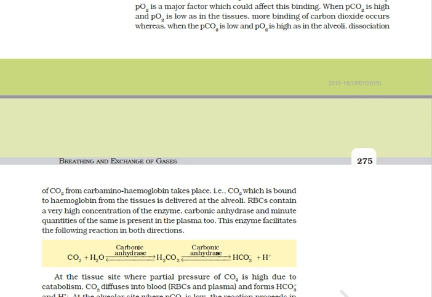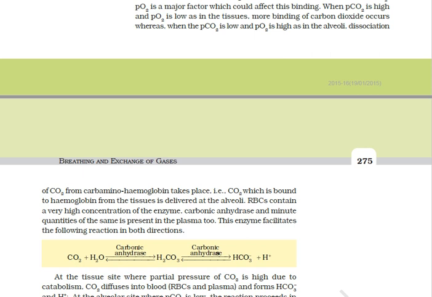Therefore some of the bicarbonate ions diffuse into the cytoplasm in exchange for Cl ions and are carried in the form of sodium bicarbonate, and the remaining bicarbonate ions in erythrocytes are carried as potassium bicarbonate.